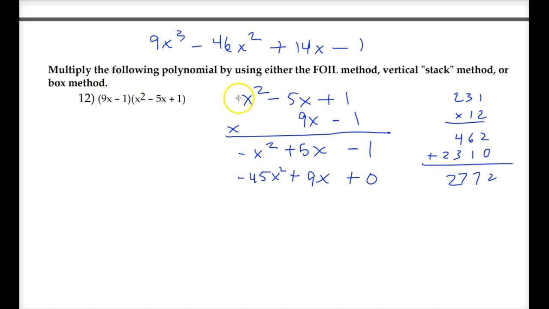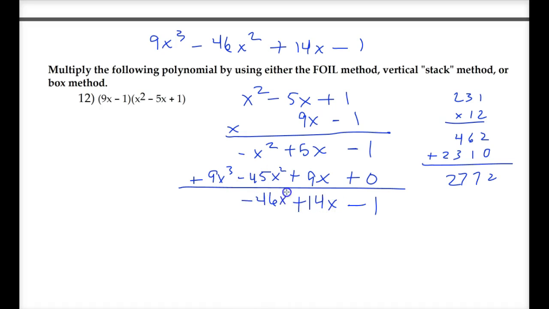And then 9x times a positive x squared is a positive 9x cubed. And of course, we just add all that together. And we see that when we do that, we get the same thing as we got last time.